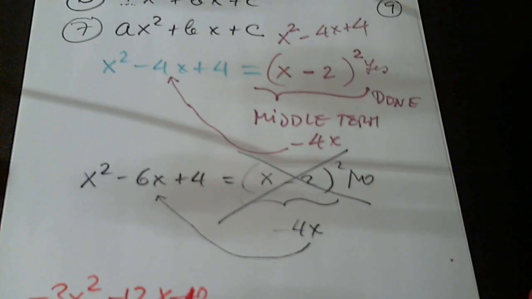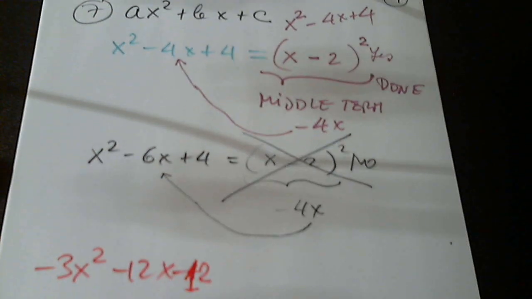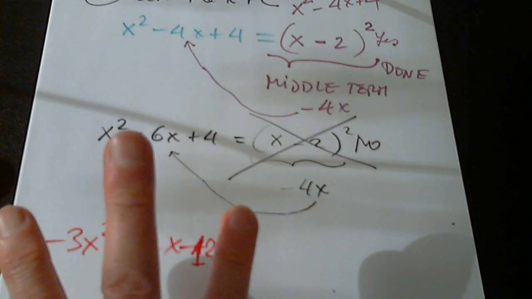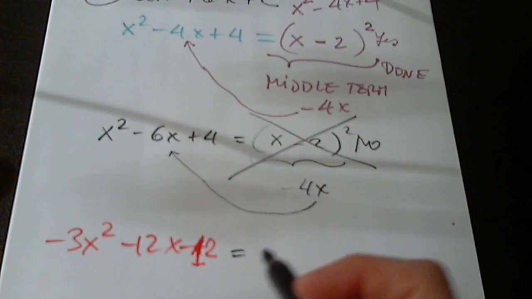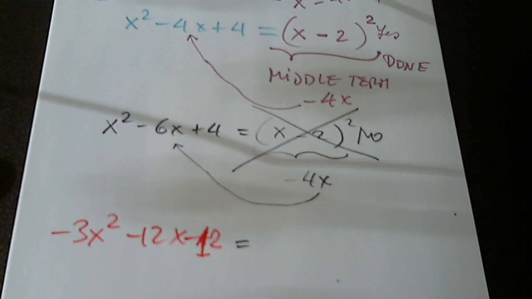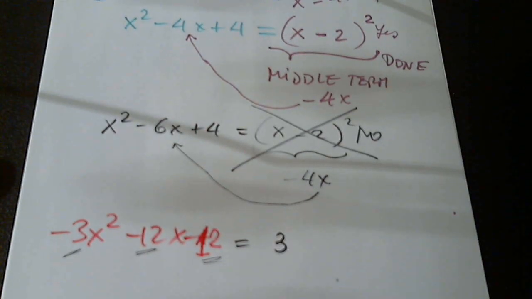So we have this example now, negative 3x squared minus 12x minus 12. What is it? So these have to go through your head immediately. What is it? Trinomial. Perfect. Is it in descending order? Yes. Perfect. Greatest common factor? Yes. Negative leading coefficient?